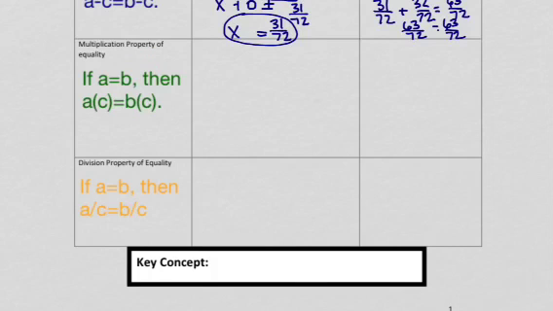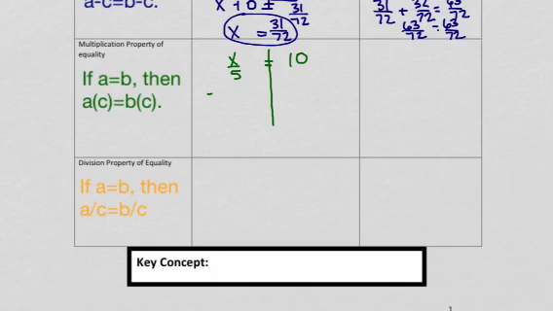Moving on to the next example, I have x divided by 5 is equal to 10. So we're going to draw our line for our balanced scale. And the inverse operation of division, notice I read this as x divided by 5, is multiplication.